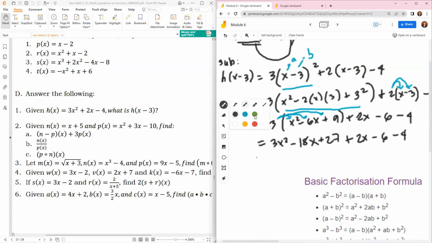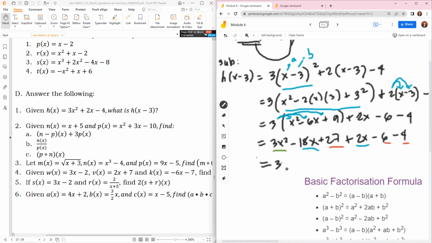Pila man ang terms nga naay x squared? 1 lang, so ibutang nato. What about ang mga terms nga naay x? So we have negative 18x plus positive 2x. Unya, the rest would be mga numerical coefficients. Buhaton nato is i-arrange according sa higher degree to lower degree.